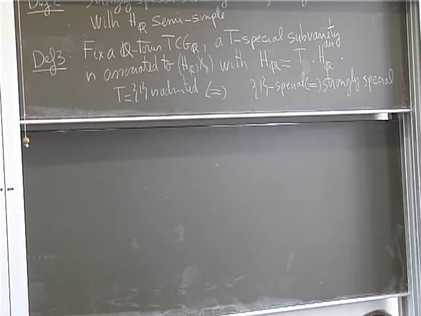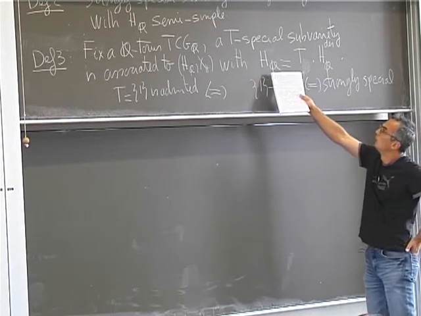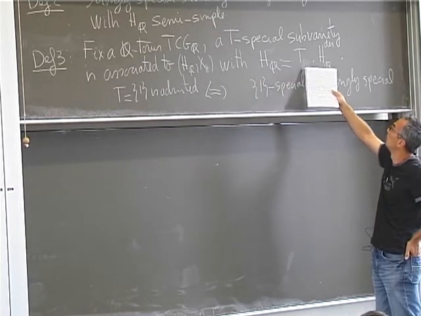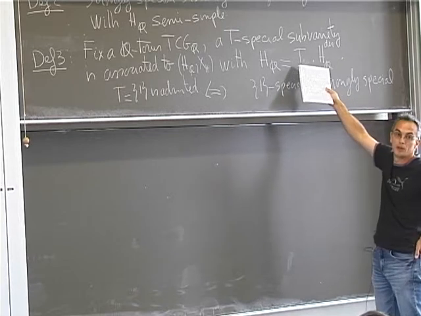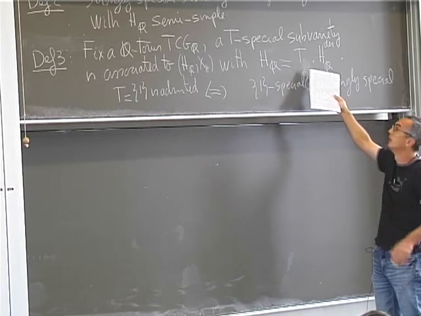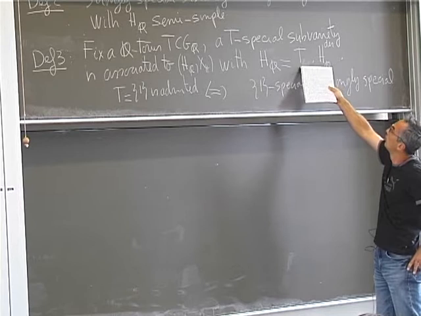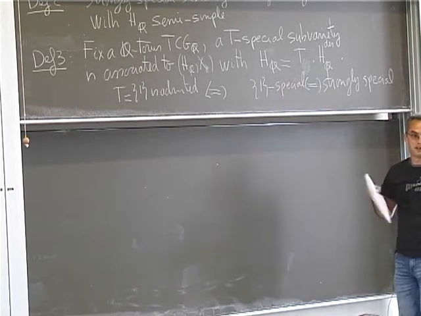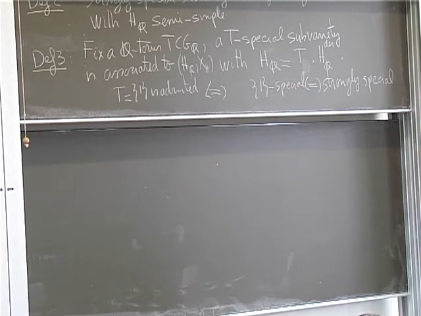So you always have for a reductive group a semi-direct decomposition of the derived group by the connected center, and this means that the intersection of T and this group is finite. It's part of the theory of reductive groups.